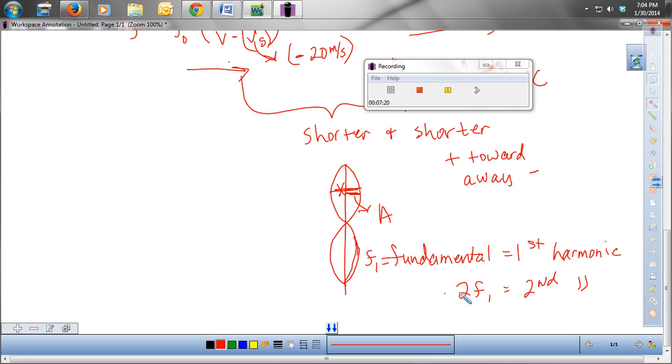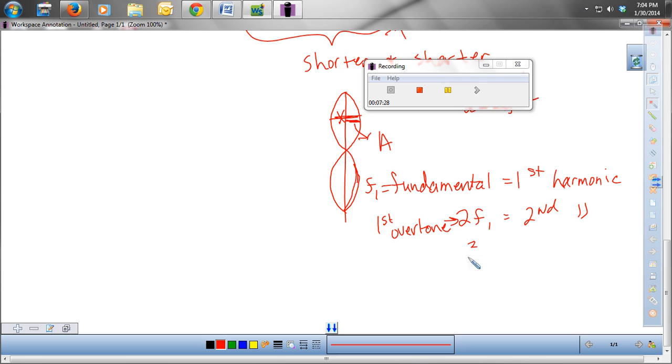The second harmonic is also called the first overtone. So then the third harmonic vibrates at 3 times the fundamental, and it's called the second overtone. To be an overtone, you have to be a multiple of the fundamental.